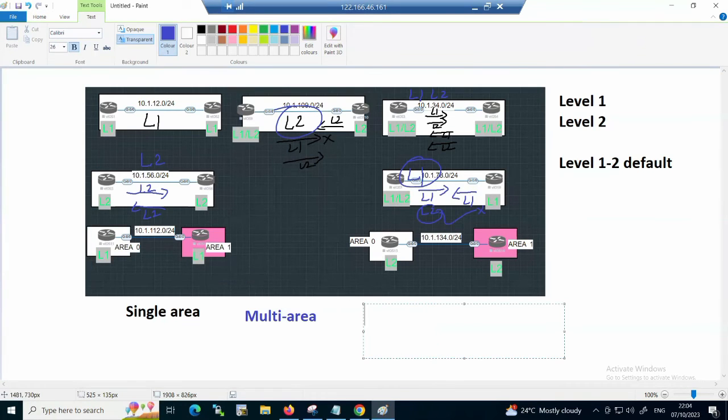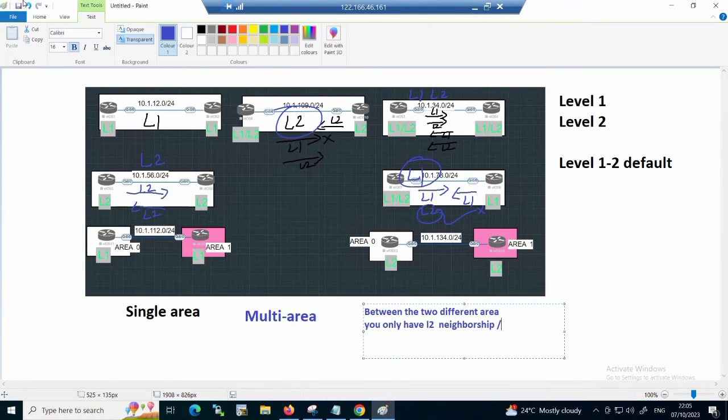Listen to me carefully. Between the 2 different areas, you only have label 2 neighborship.